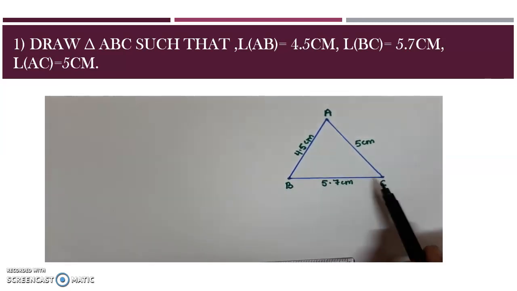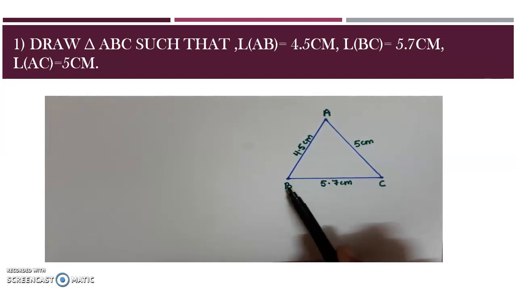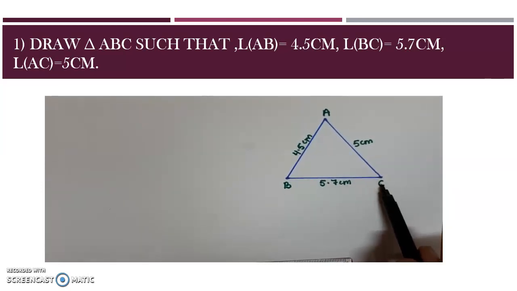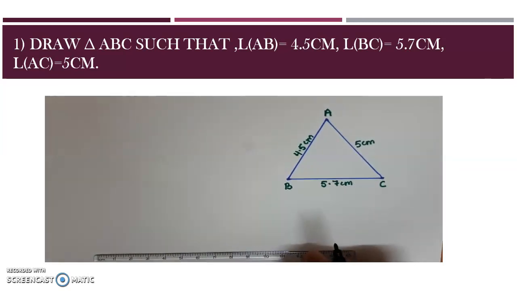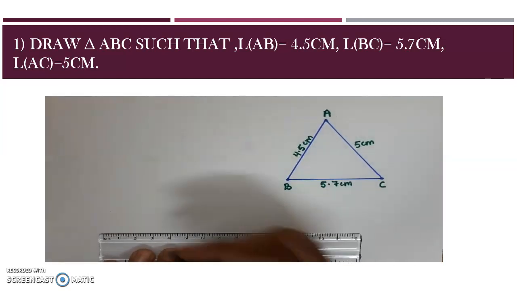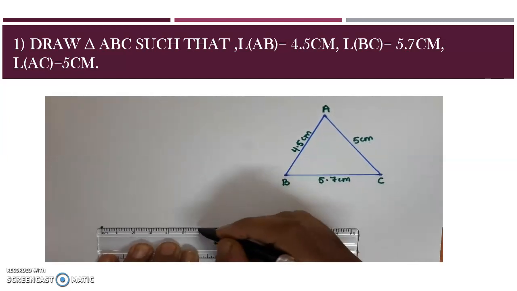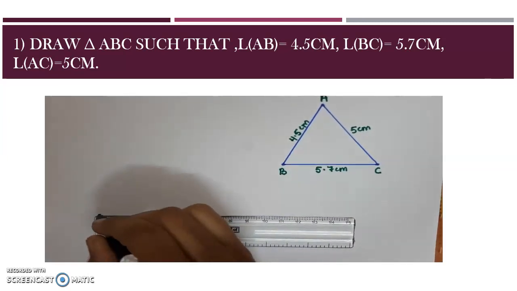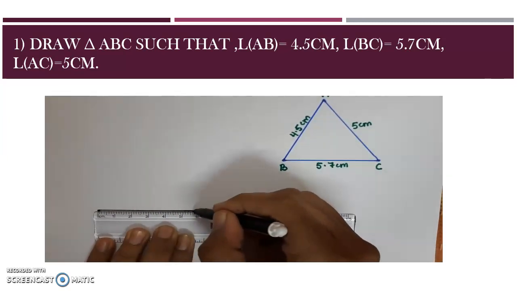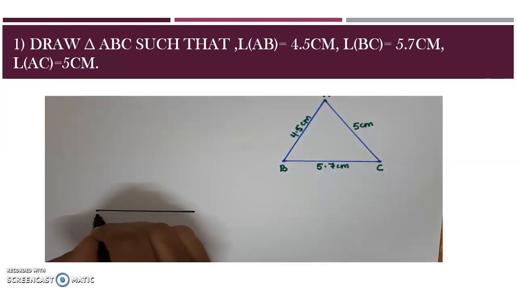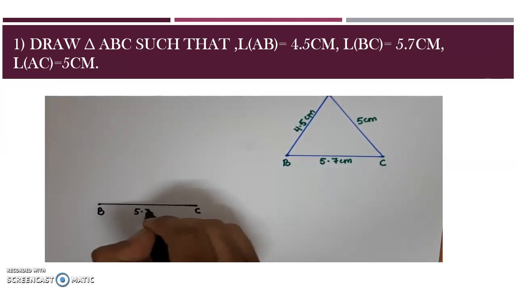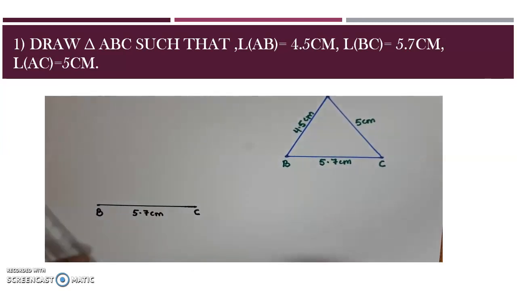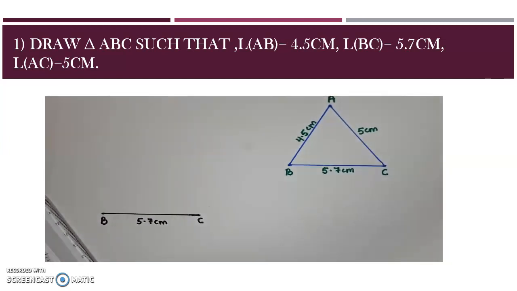Now I am starting with, as I have drawn my rough figure in the same way, I am drawing segment BC of 5.7 centimeter. So we'll write BC 5.7 centimeter. So this segment is ready.